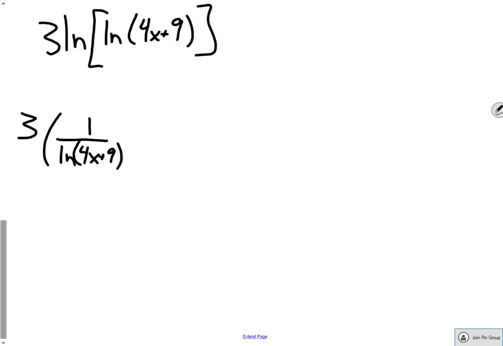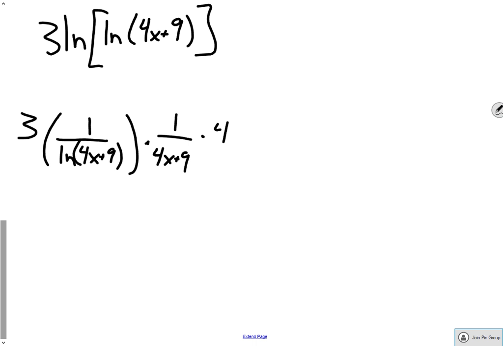So the derivative of the inside is the reciprocal of this times what's the derivative of 4x plus 9? Hey, we did it. That's it? Yeah. We took the derivative of the outside, and took the derivative of the inside. So now you just work it out.